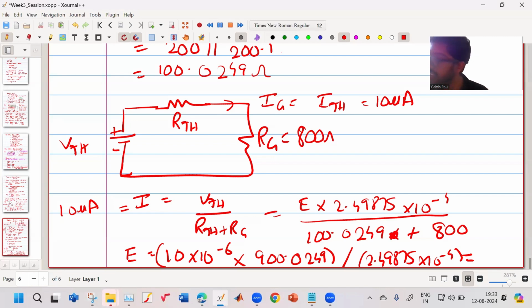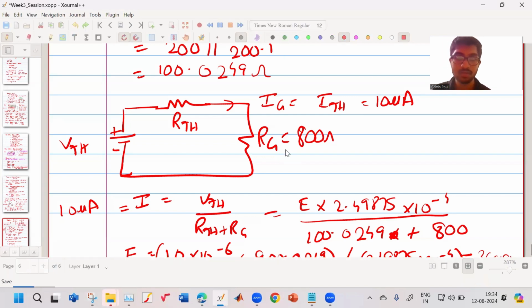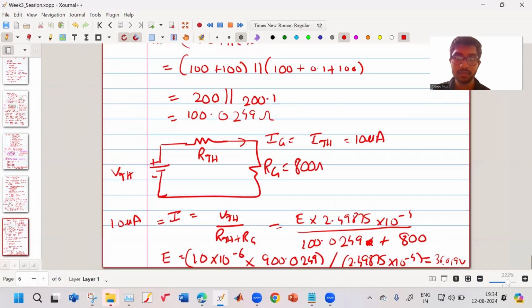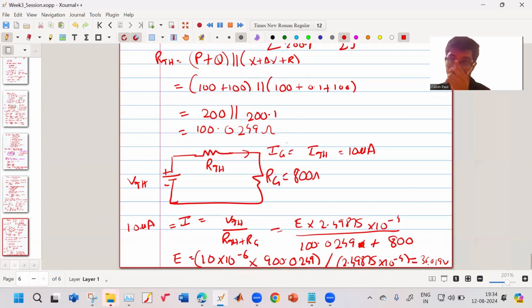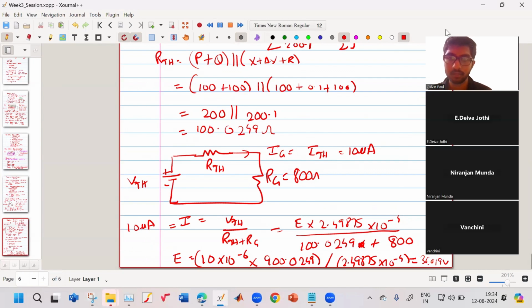You'll get E to be 36.019 volts. Okay. It comes out to be 36.019 volts. So any doubts in this? No, sir. Okay.